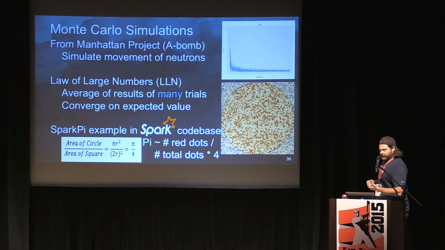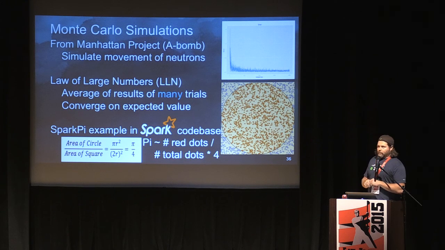Picture throwing darts. If you take a square, you obviously know the diameter, and if you throw and then take the number of red dots divided by the total dots, and then multiply it by 4, that's approximately pi.